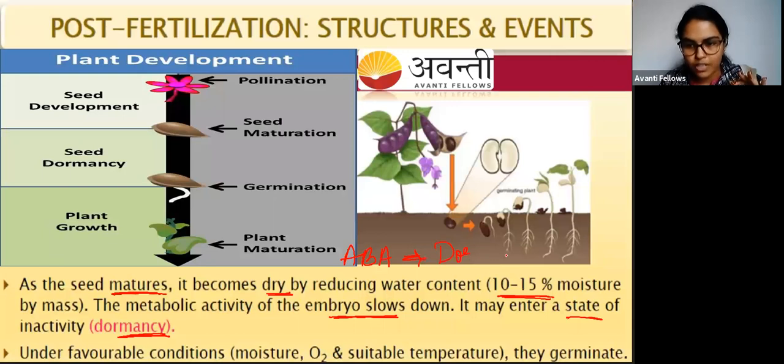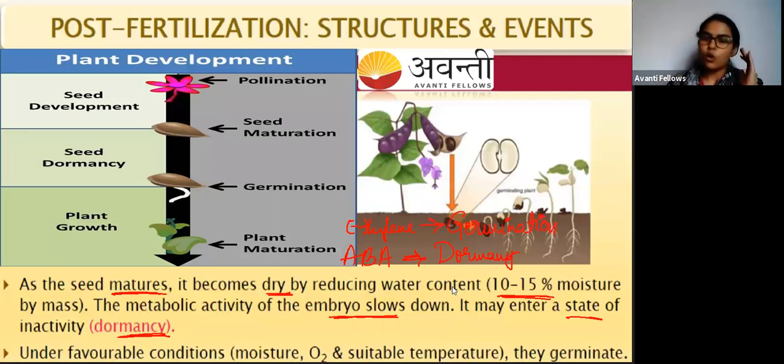In some plants, or in some seeds, ABA, that is abscisic acid, will be released in large amount, and when ABA is in excess, then the seed will go into a dormancy stage. But if in any plant there is ethylene hormone, ethylene hormone will lead to the germination.